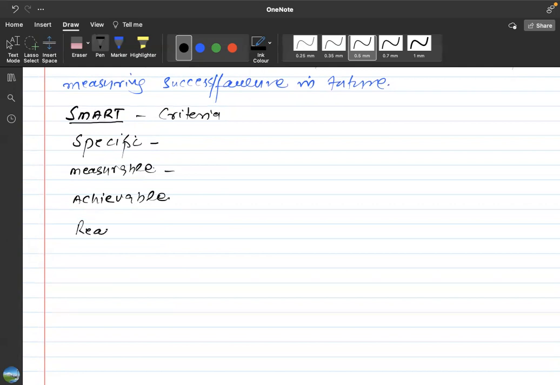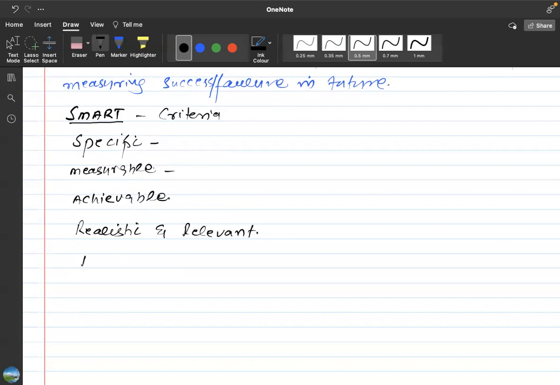Then they should be realistic and relevant. The R is realistic and relevant. It means that objectives should be according to the resources that the company has, and objectives should also be relevant to their needs.